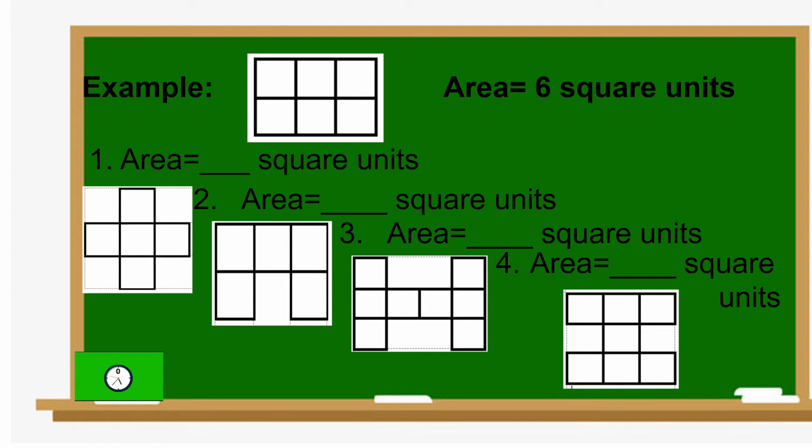The area of number 1 is 5 square units. The area of number 2 is 5 square units also. Number 3, the area is 8 square units. And number 4, the area is 7 square units.